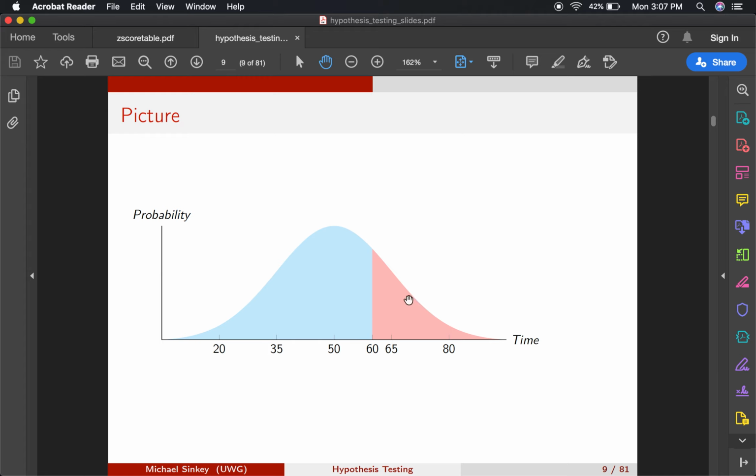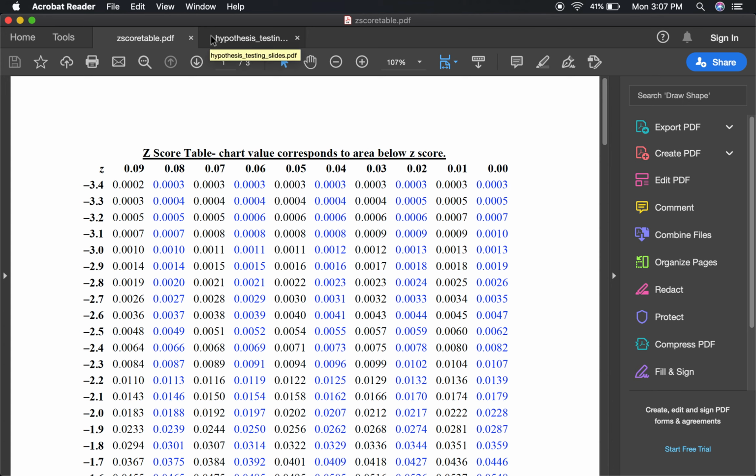Now you'll note that I want the area in red, but all the z-table provides for us are the areas in blue. That's okay, because if you're not in the blue, you're in the red. So I know that if I want an area in the red, I just have to take 1 and subtract the area in the blue. But let's use the z-table to look up 0.67 so we can find the area in blue.